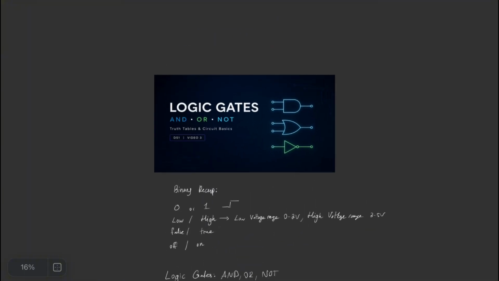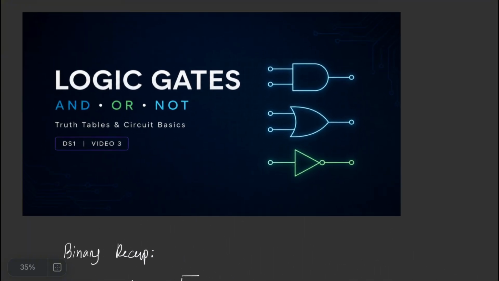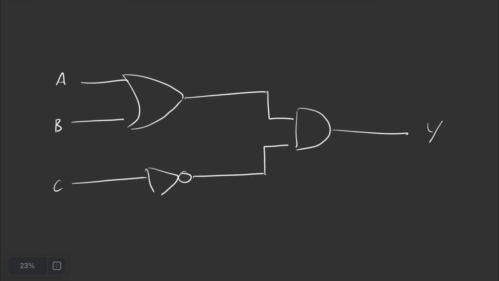The next thing we're going to go into is some circuit basics and some university level practice questions. Okay, so we're back, and for this portion, we're trying to read combined logic.